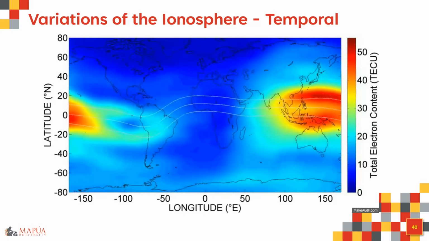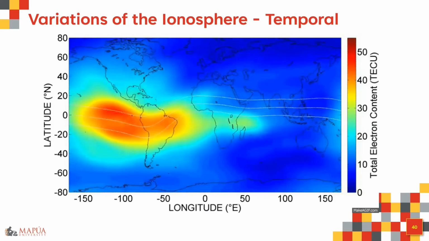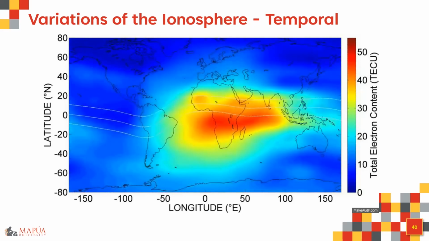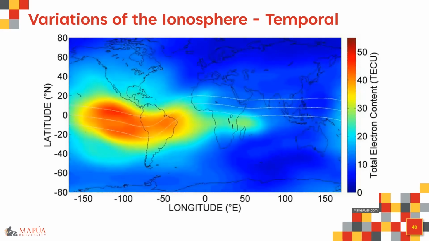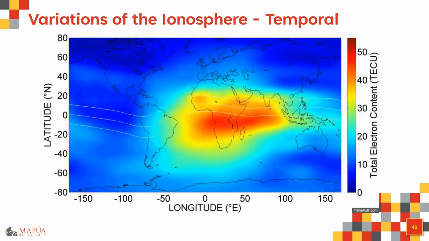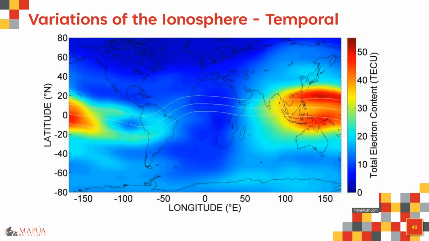As you will notice, because the ionosphere is basically made up of plasma, aside from its behavior according to the time of the day, it will also behave according to the configuration of the magnetic field lines.